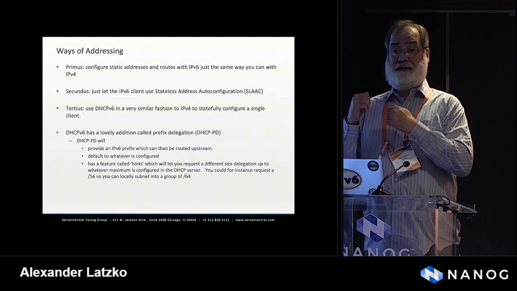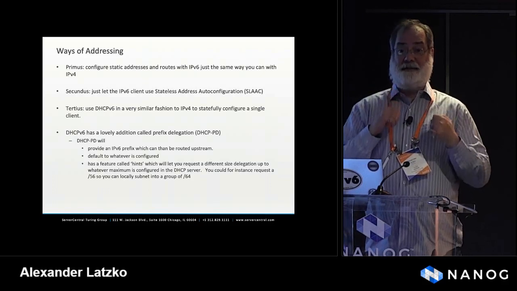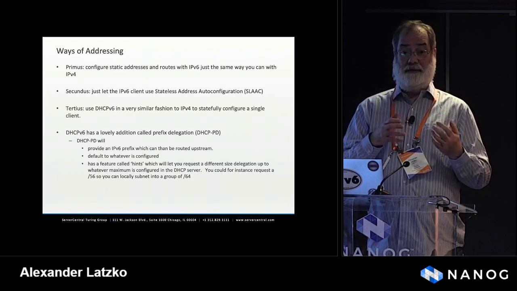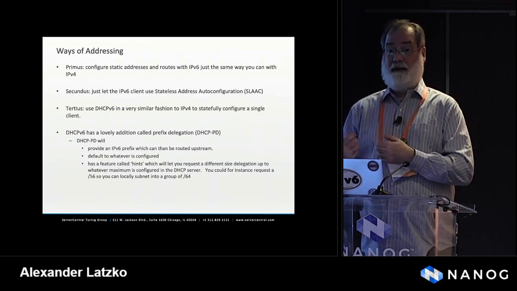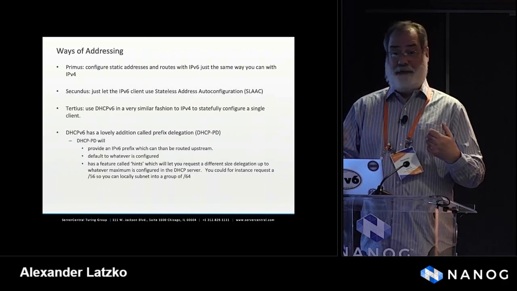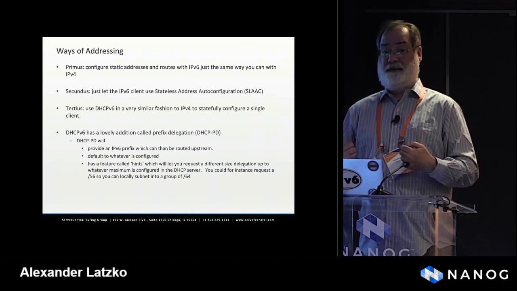So you can go back and say, can I have a /60? Can I have a /56? And if the DHCP server is configured to do it, it'll give you that block, which you can then slice and dice locally. My personal provider, if I ask for a /60, will hand me a /60.